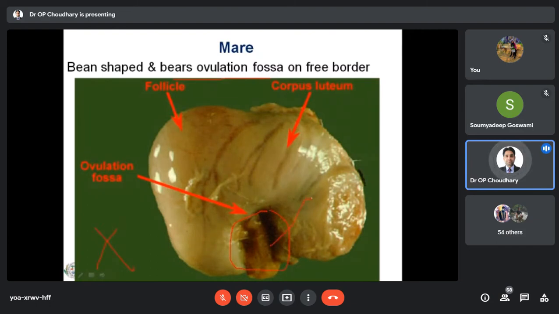This fossa is only present in the mare. It is called the ovulation fossa, and it is present toward the free border. This ovulation fossa is important for ovulation. Ovulation is the release of the ovum from the ovary. So the ovulation fossa is only present in the mare.